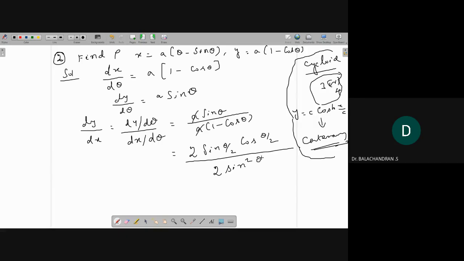After cancelling 2 and 2 and one sin theta by 2, you'll get cos theta by 2 divided by sin theta by 2. That is cot theta by 2. So the first derivative dy by dx, or y dash, is equal to cot theta by 2. Next, I am going to find the second derivative, d square y by dx square.